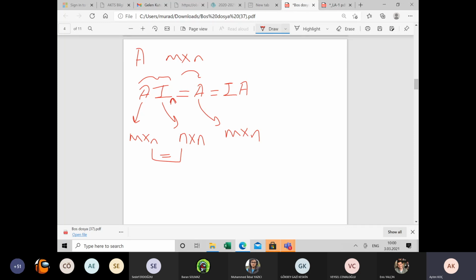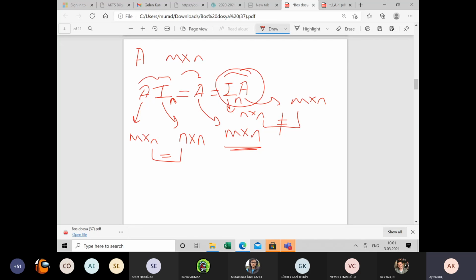But here be careful. A is n by m. This product gives A, which is n by m. So what can you say about it? If this one is an n by n matrix, so n is not equal to m, so this one is undefined.